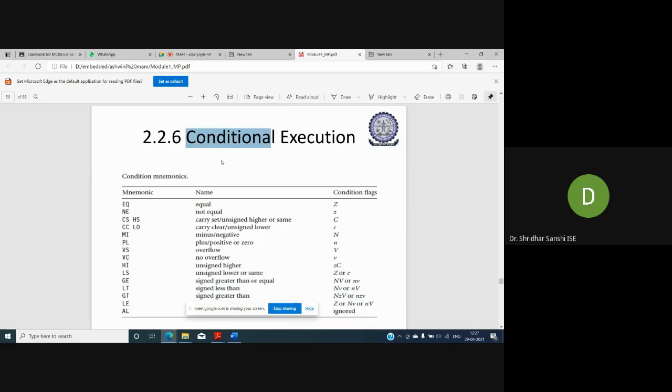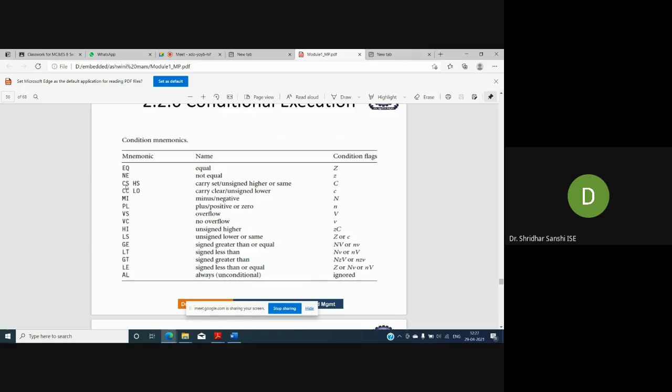The core will execute these instructions only if a particular flag bit is set, based on the value of the flag. For example, one is EQ. This is a condition to check whether two registers are equal or not. This EQ will be executed only if the condition flag Z is set to 1.